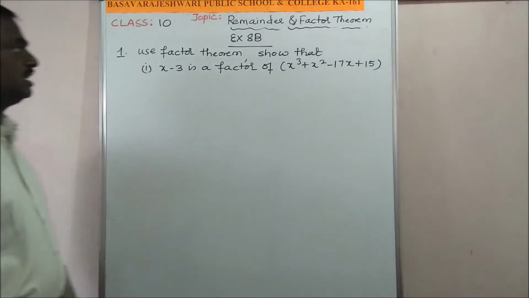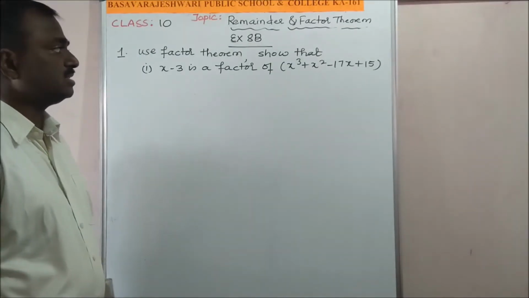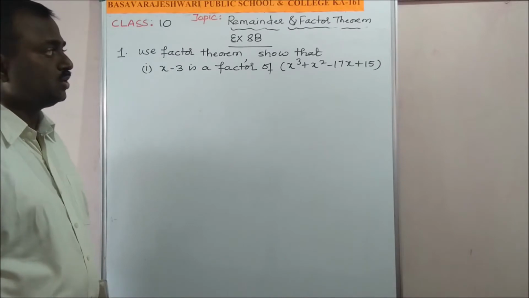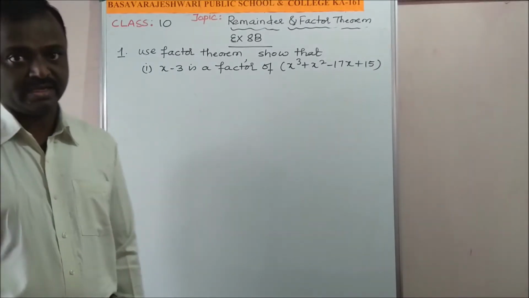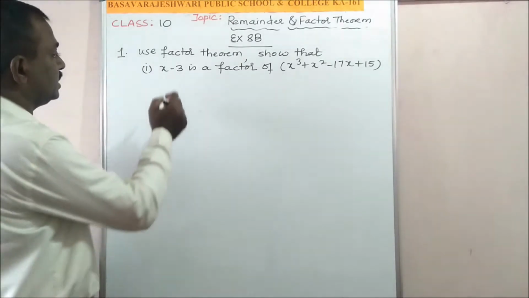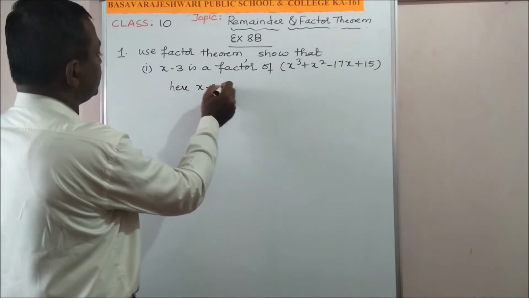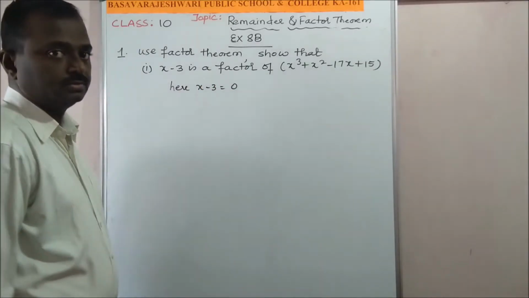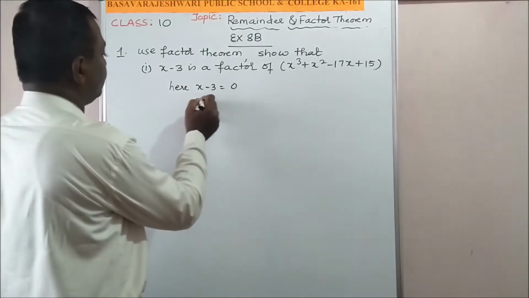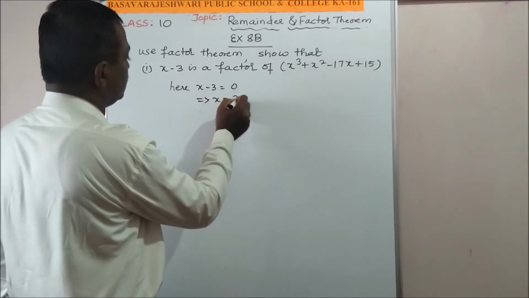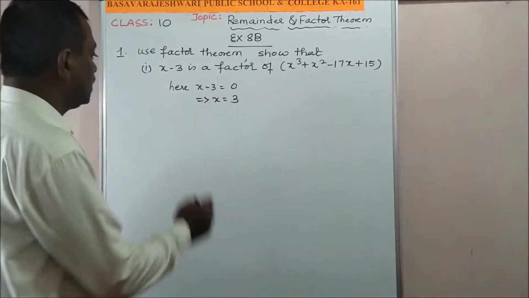Use the factor theorem to show that x minus 3 is a factor of x cubed plus x squared minus 17x plus 15. Here x minus 3 is equal to 0, therefore x is equal to 3.